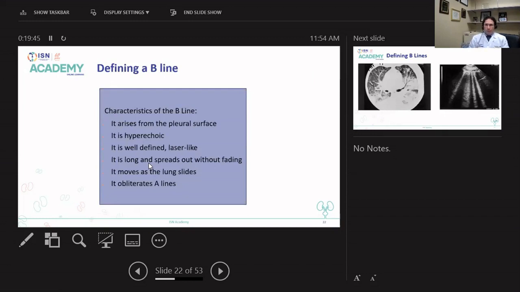Now, it is incredibly important that when you are starting out in the practice of interpreting lung ultrasonography, that you know the criteria for defining a B line. Because if it doesn't meet these criteria, then it's not a B line, and you're going to be misinterpreting what you see.